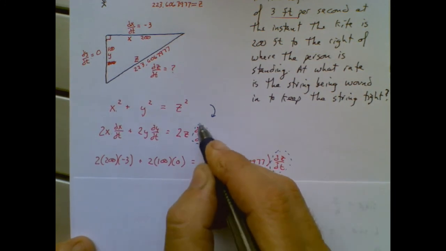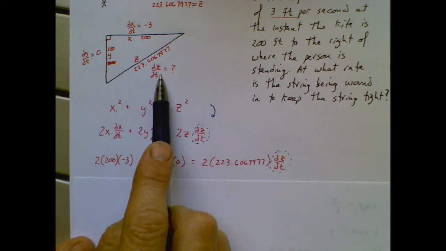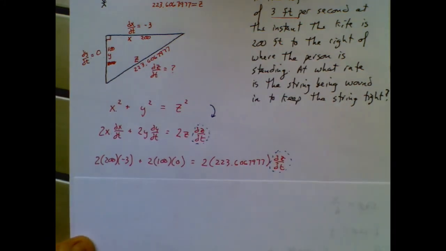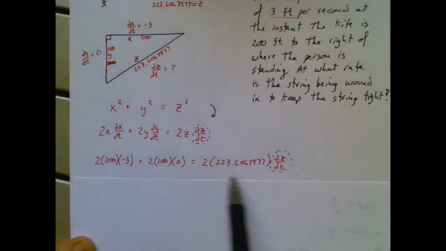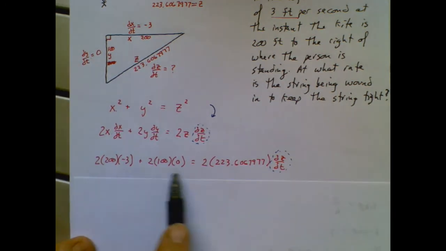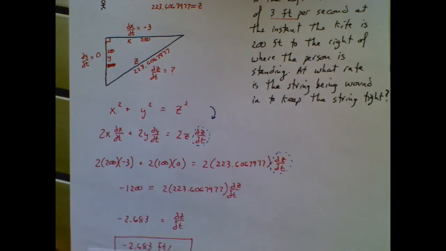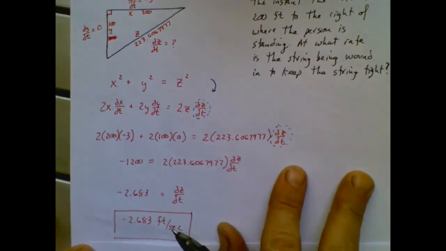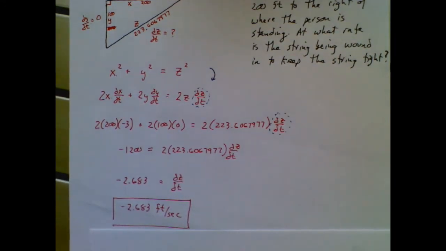But you know what's awesome about that? That's the one thing that we're looking for in this problem. So your equation is psychic. It knows what you're looking for. You're looking for dz/dt. Now you're in the world of Algebra 1. Just solve for dz/dt. And you have it.